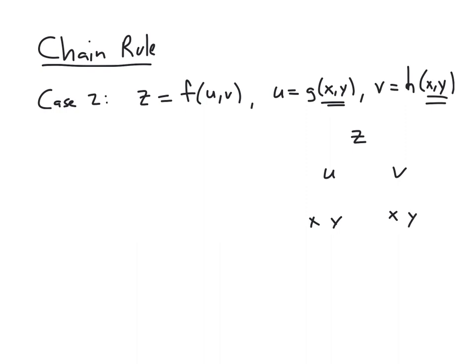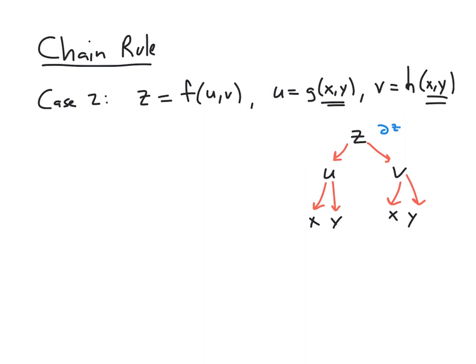I'm going to draw a separate x and y for each of those variables, although it's certainly possible to draw just one x and one y and then have arrows cross, but that's a little bit sloppy. And we're going to draw arrows from each of these variables down to the variables below it. And then we label everything appropriately.